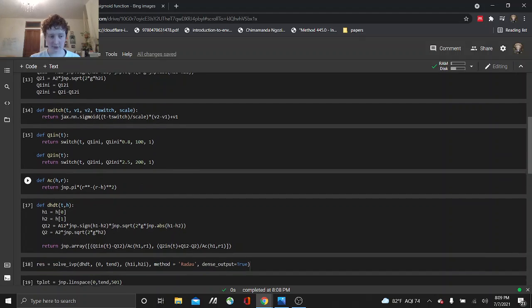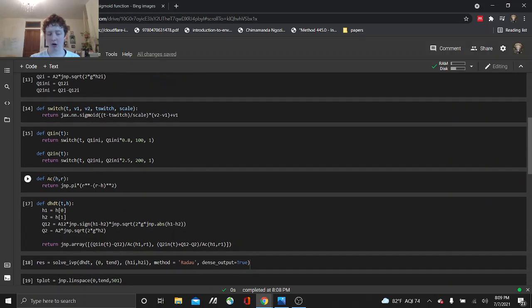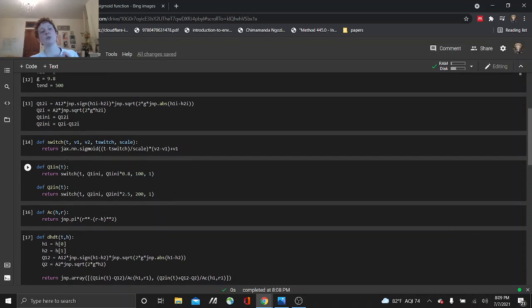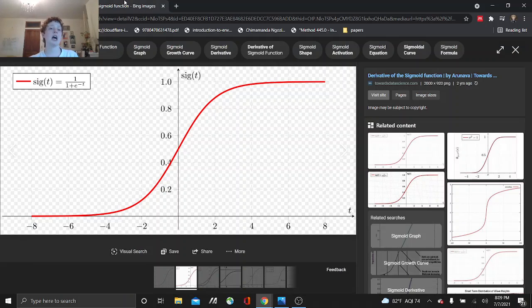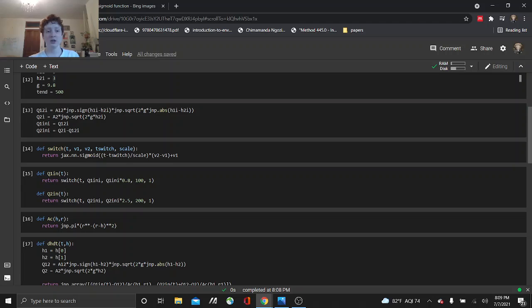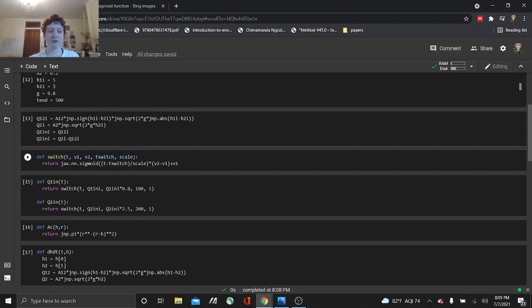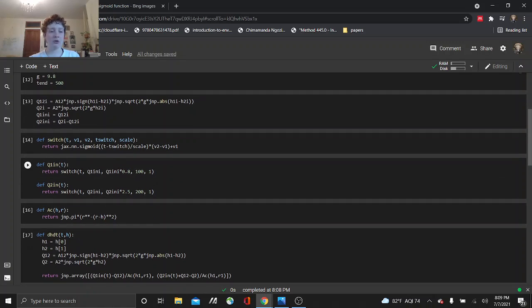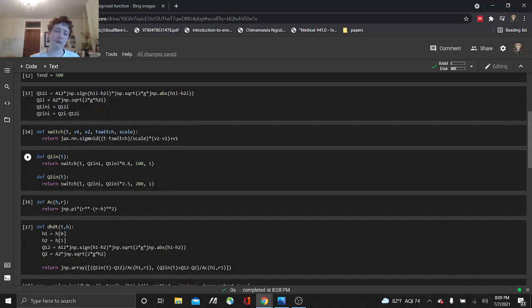We were also able to define the cross-sectional area and our differential equations, and then we went back and accounted for the change in time using the sigmoid function.